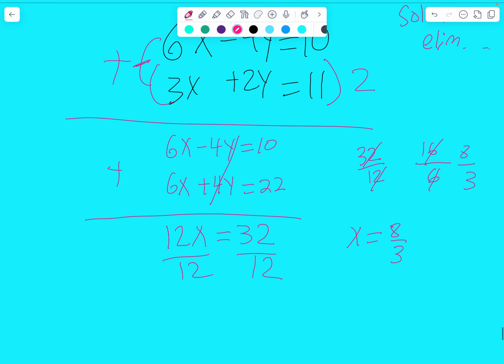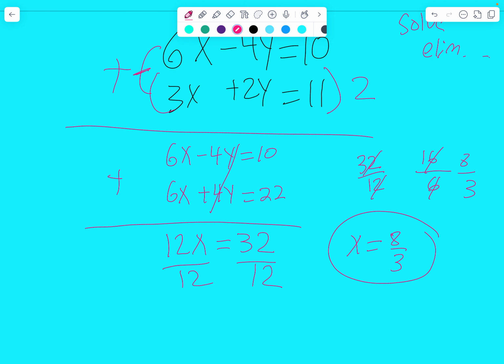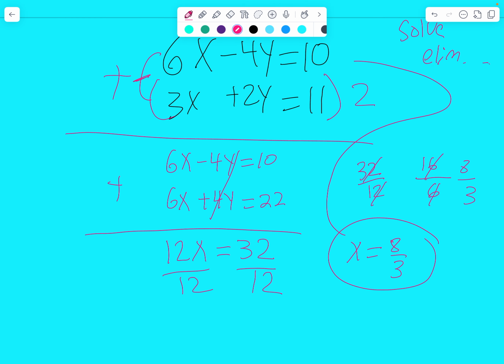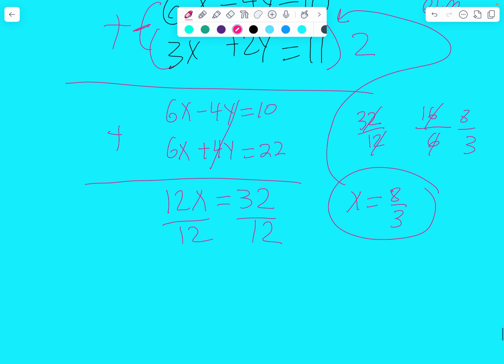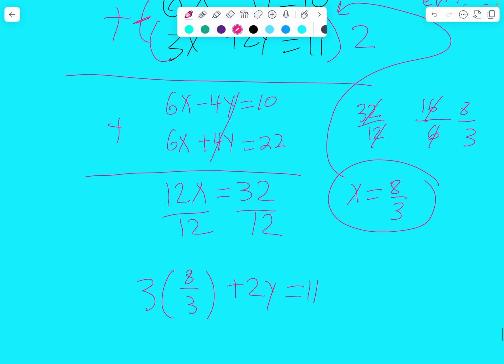Now, I'm going to go back and I want to plug x is equal to 8/3 in the second equation, the original one, which is so important. So I have 3 times 8 over 3 plus 2y equals 11. Now, if you want to convert it into a decimal, you can. I'm just going to stick to fractions for this one.